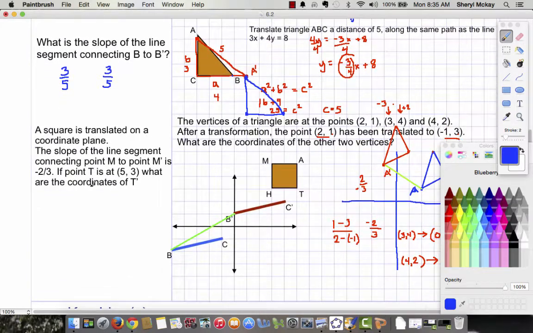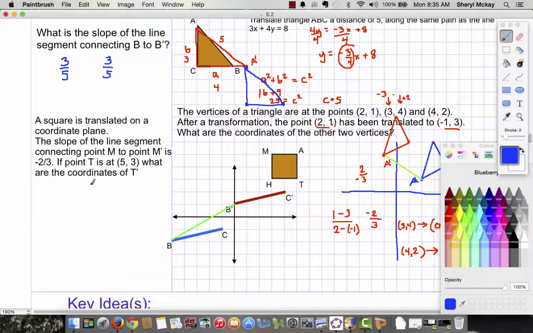Now, let's do this last one. A square is translated on a coordinate plane. Here's our square right here. The slope of the line segment connecting point M to point M prime is -2/3. If point T is at (5, 3), what are the coordinates of T prime?